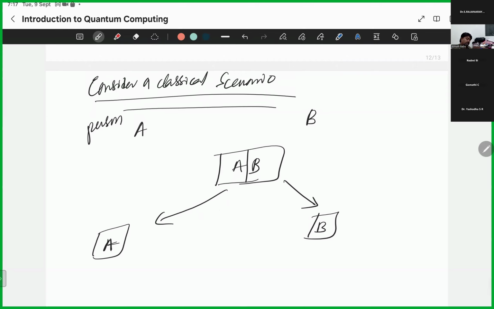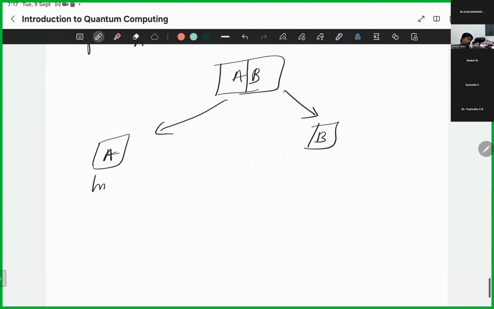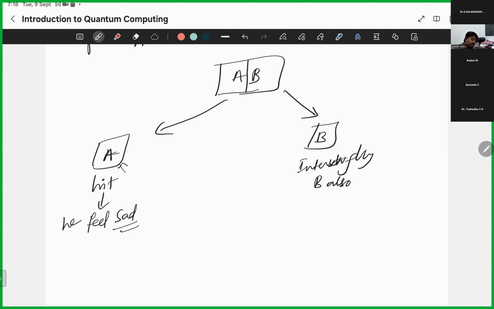Now, let's say I hit A and he feels sad. Now, if I ask somebody to observe what B is doing at the same time, interestingly, B also feels sad.